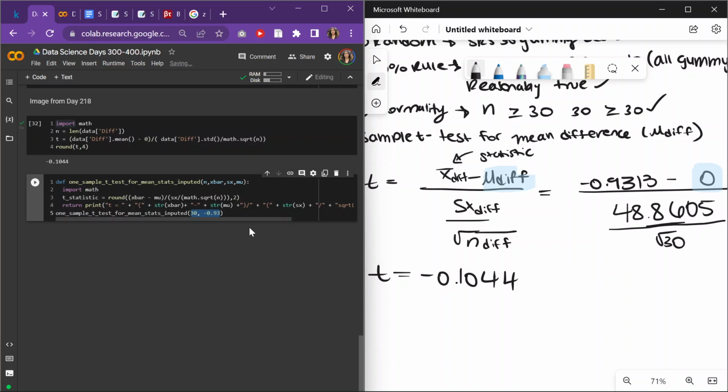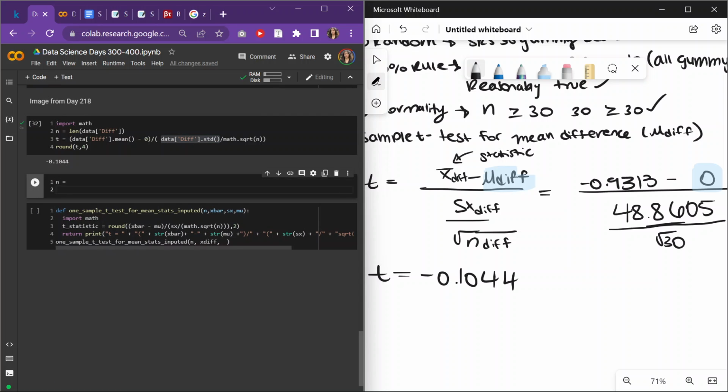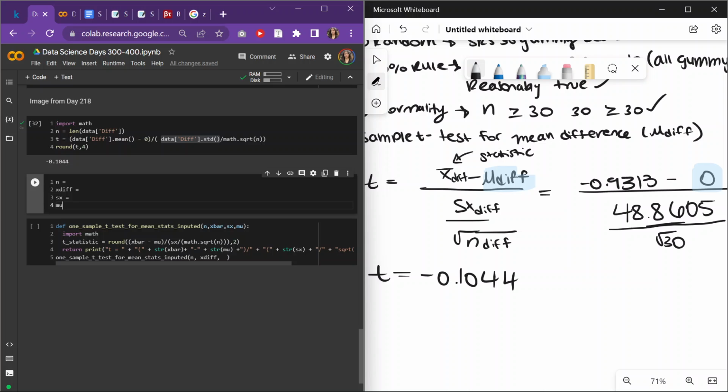Let's do n. Interesting. Hold on. We do have variables. Let me try something real quick. So n, and then we have xdiff, and then well, I didn't set them equal to variables. Let me set them equal to variables. So what do we need? We have n, we have x bar, which is my xdiff, my sx, and my mu.